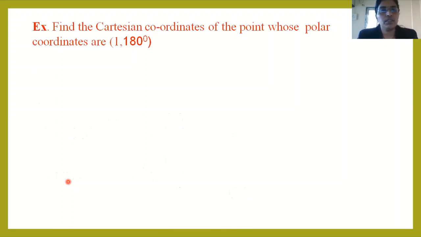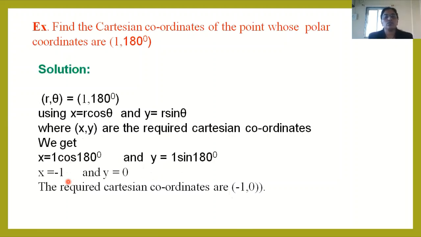Second one example is find the Cartesian coordinates of points whose polar coordinates are 1 and 180 degree. Solution, here we are given r, theta is equal to 1 and 180 degree. We know that x is equal to r cos theta and y is equal to r sin theta, where x, y are required Cartesian coordinates.